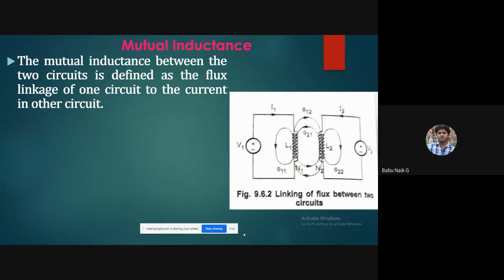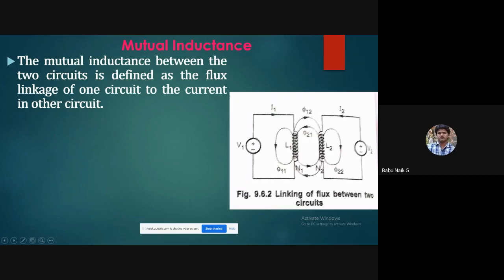Let us take two different circuits with self inductances L1 and L2, kept very close to each other. You can see how the figure is drawn, with L1 and L2 very near to each other.